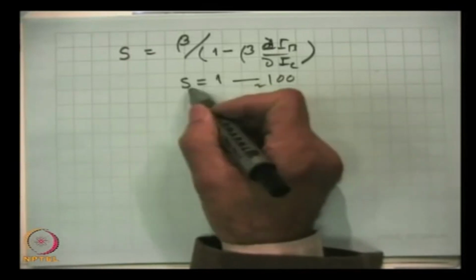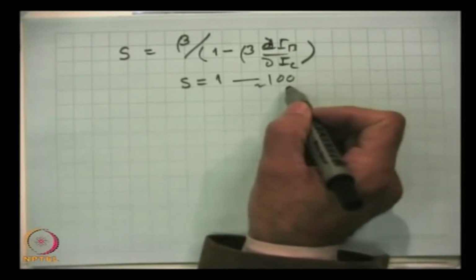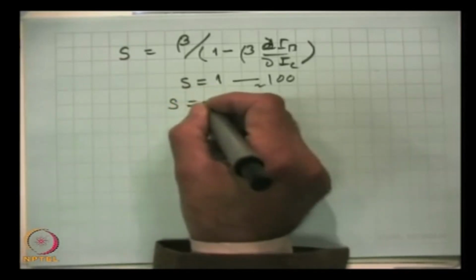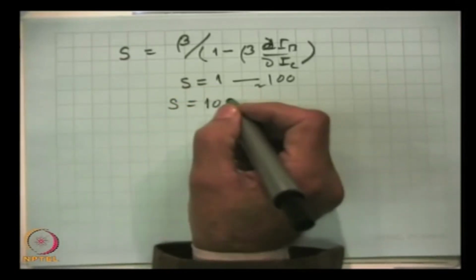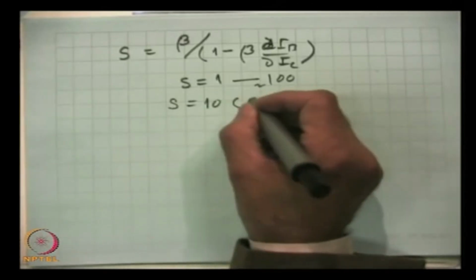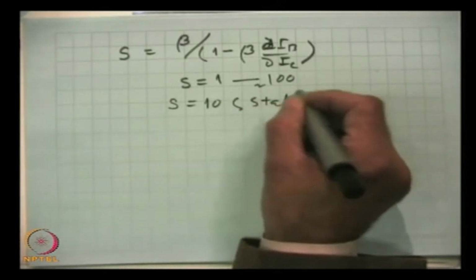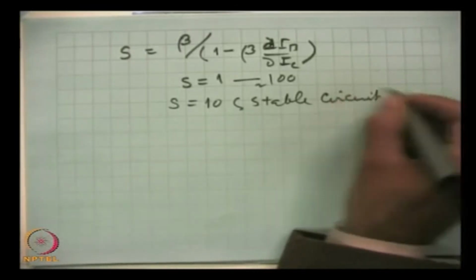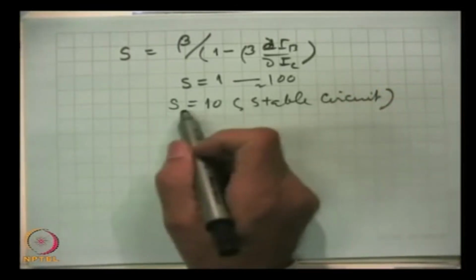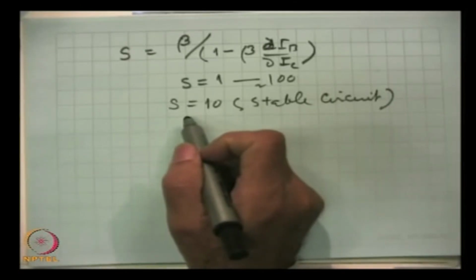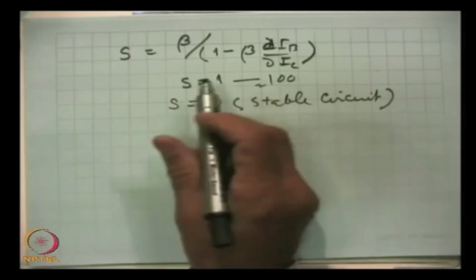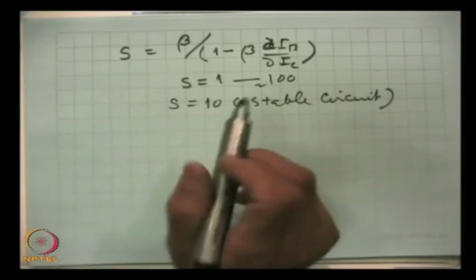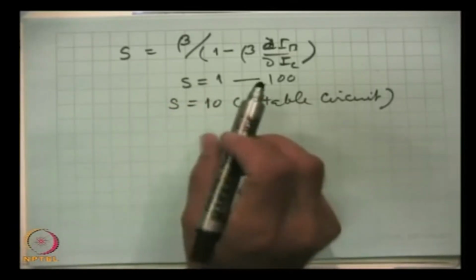This is ideally stable, this is very unstable. So, a value of S around 10 is good, this is a stable circuit. And there will not be any significant change in characteristics if the parameters of the circuit vary, because of any of the causes mentioned above.